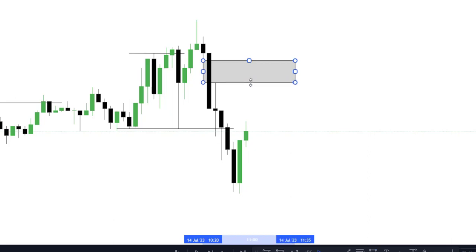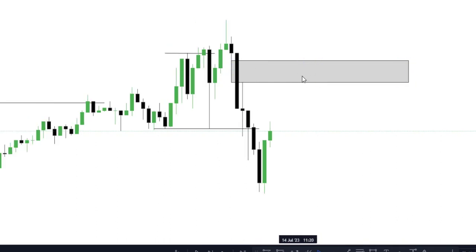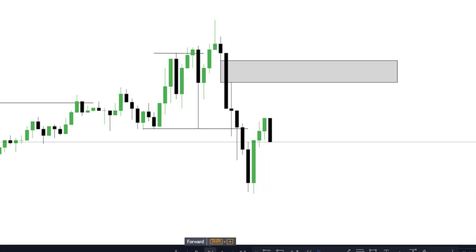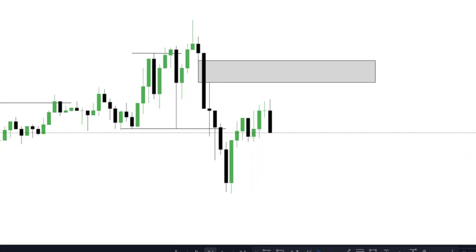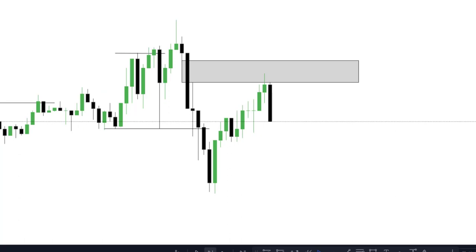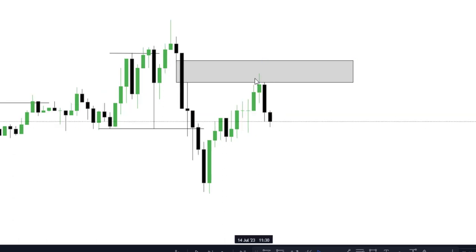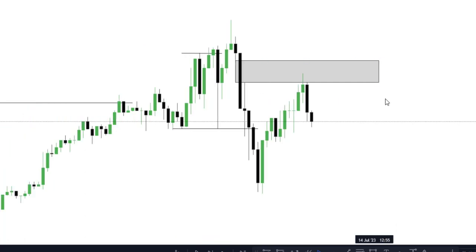We have our fair value gap, so we are expecting price to come back to this area and eventually respect this area before continuing to the downside. As you can see, we went into the fair value gap.